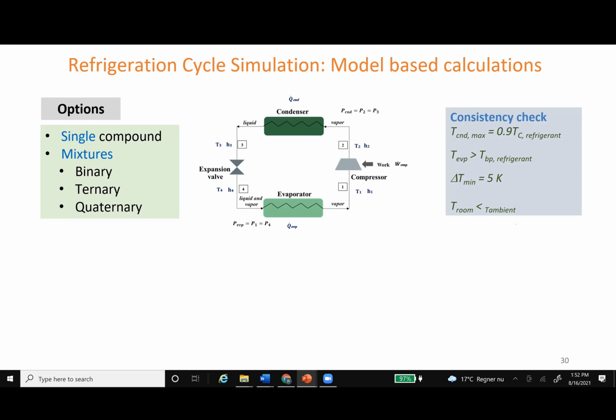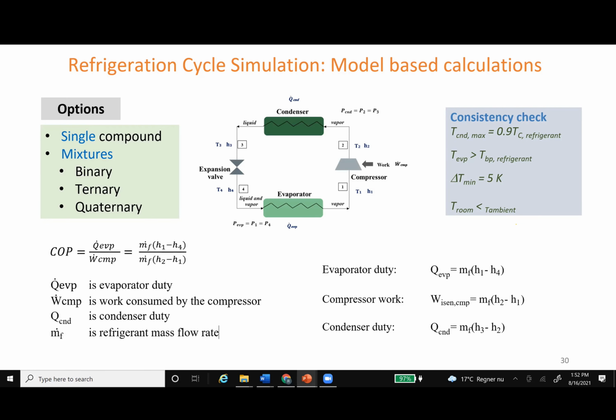Similarly, the evaporator temperature outside needs to be lower than the boiling temperature of the refrigerant. We set a delta T minimum for the heat transfers of 5 degrees, and of course the room temperature is lower than the ambient. So this consistency check is done, and this is related to the design decision as well as the refrigerant selection.